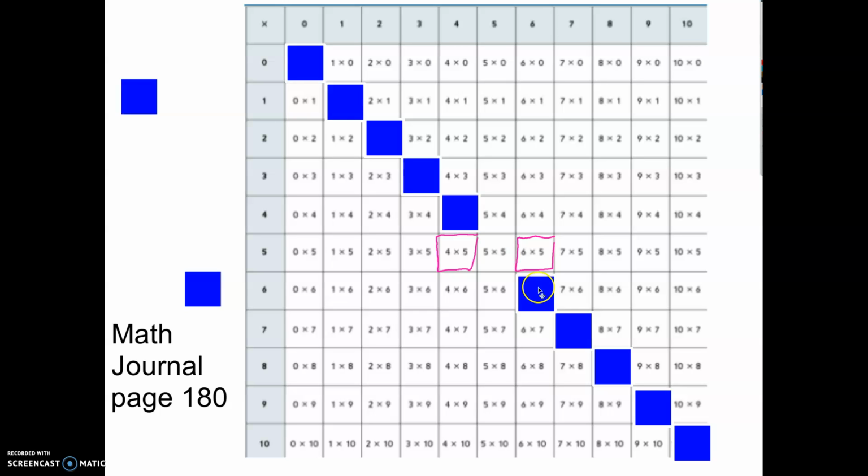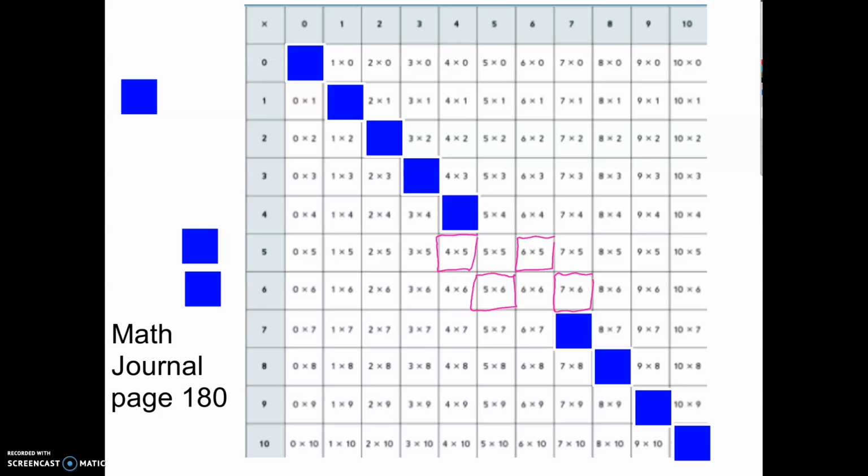Find 6 times 6 on your chart. And again, I want you to identify, and we're going to outline the facts that are on either side of 6 times 6. I've got 5 times 6 and 7 times 6.